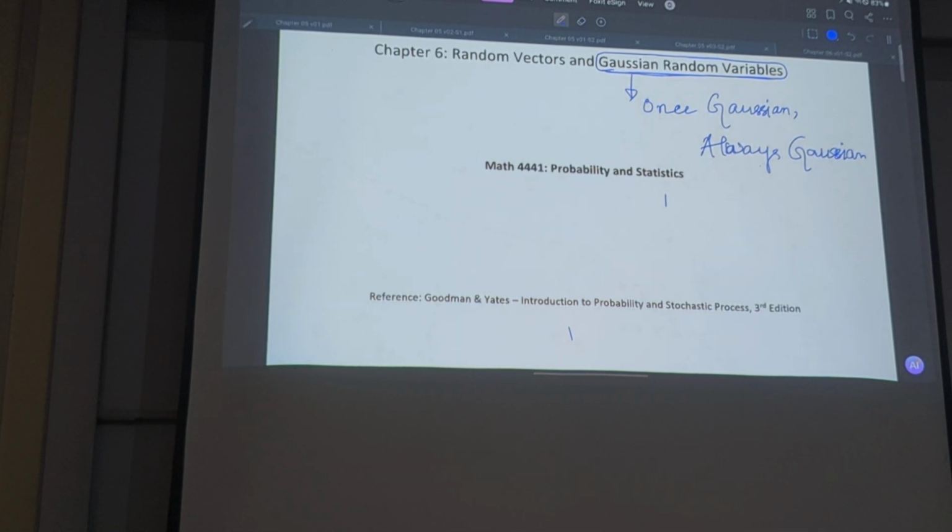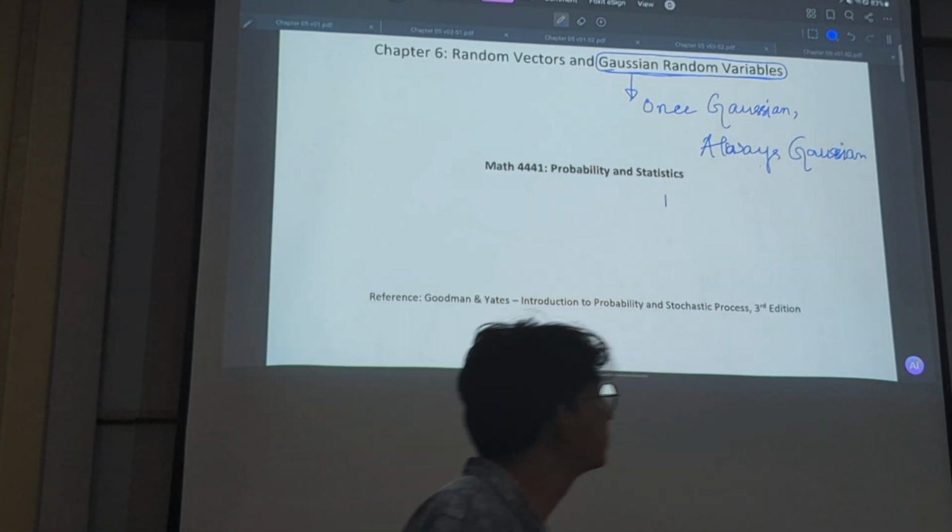If you have two Gaussian random variables, or the conditional distribution of two Gaussian random variables, the result is still Gaussian. So once you start with Gaussian, then whatever you do, you will end up with Gaussian.